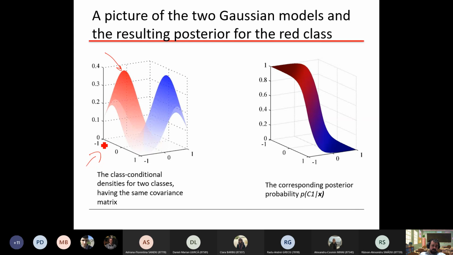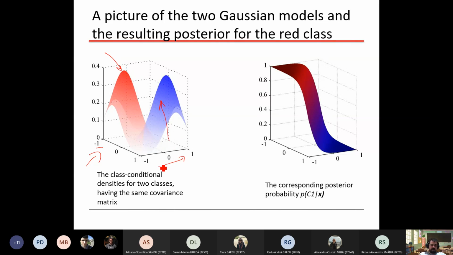You see that for the lower values of x, there is the higher probability, and the blue represents the probability for the positive class, because you can see that as the value increases to 1, the probability of getting points from this class will increase.